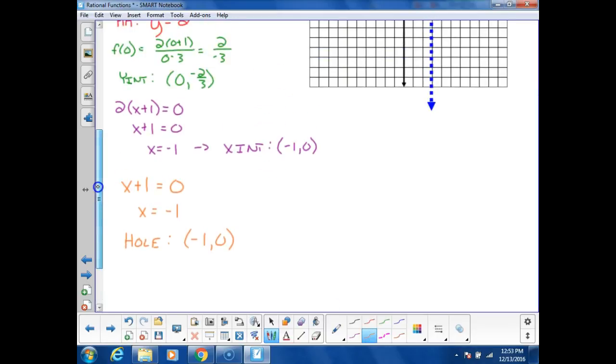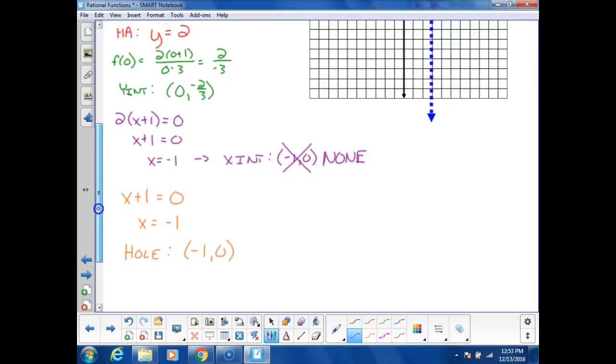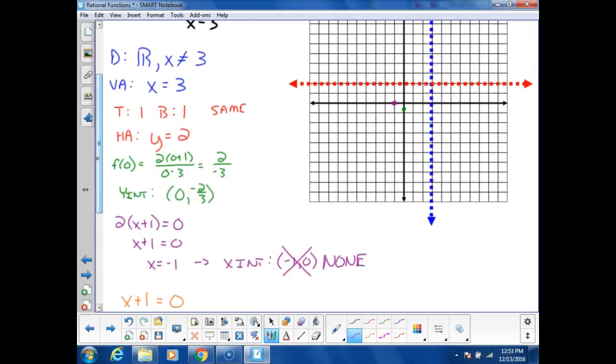So what happens to my x-intercept? It becomes a hole. I don't have an x-intercept. If you have a hole at the same place as an x-intercept, the hole trumps everything.